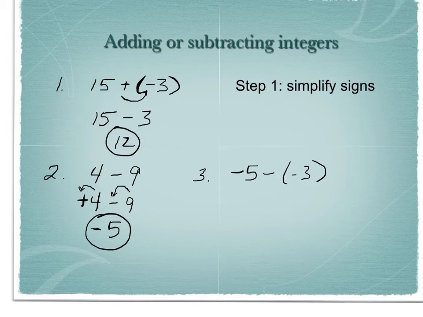So I'm going to rewrite this: negative 5 plus 3. Okay, remember, pay attention to the sign in front of each integer. That negative belongs to the 5, this positive belongs to the 3. I have different signs, so I will subtract. 5 minus 3 is 2. And we have more negatives than positives, so our answer is negative 2.